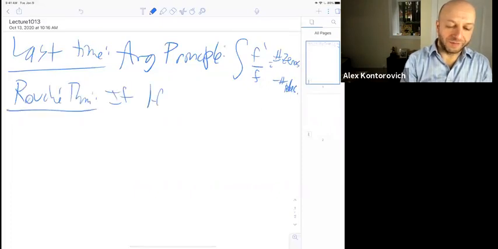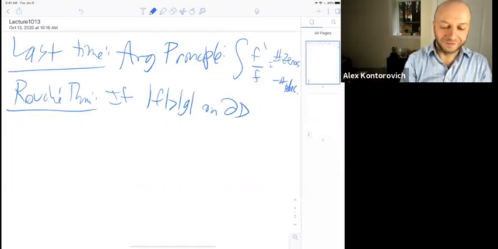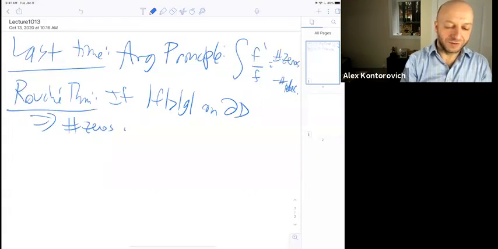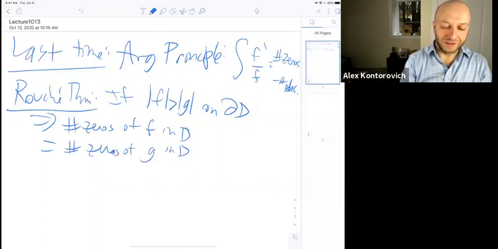If |f| is strictly larger than |g| on the boundary of a disk, then the number of zeros of f inside the disk is equal to the number of zeros of f plus g inside the disk.